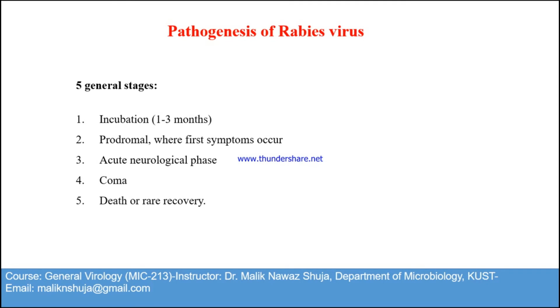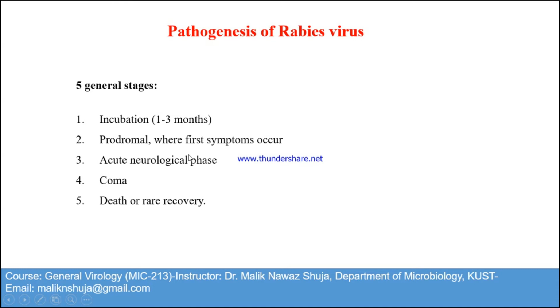On the basis of that we can categorize the viral symptoms. Then the acute neurological phase. In the initial stages, the basic symptoms show the nervous system's excitation, and the rabies virus shows its symptoms in the animal as well as in human beings.